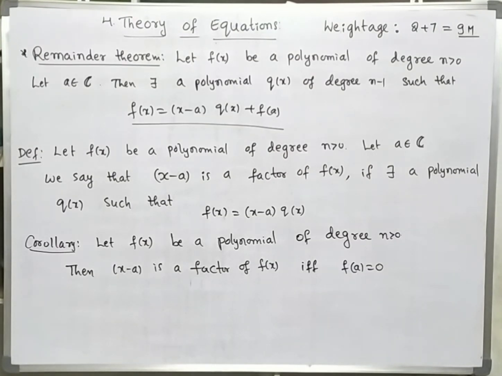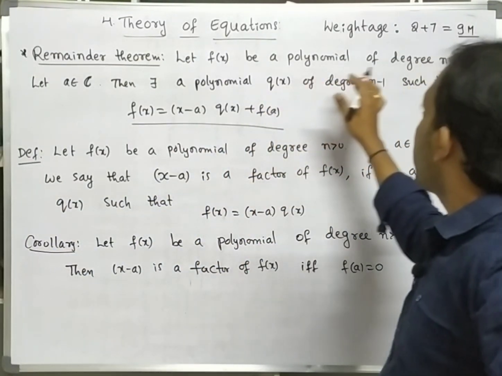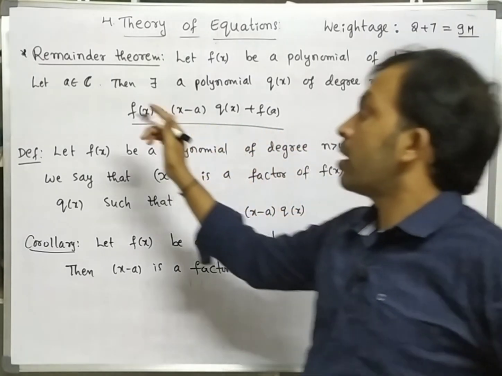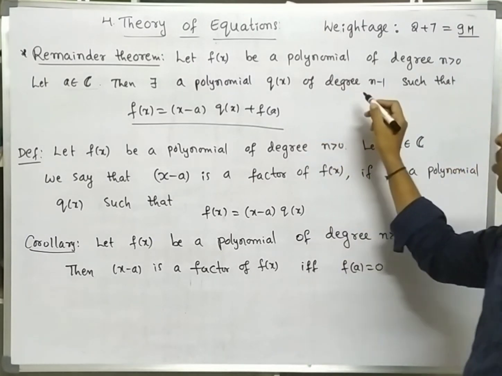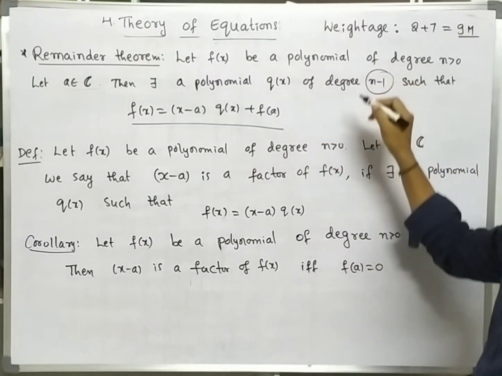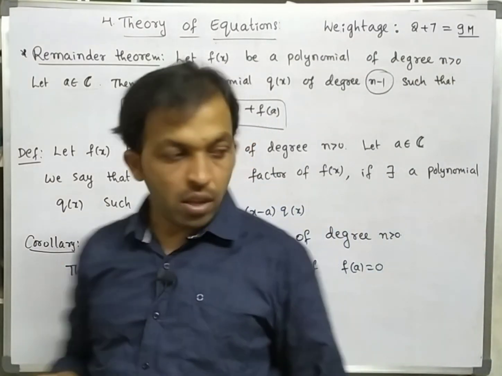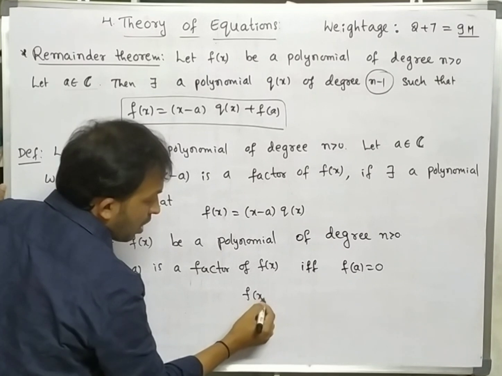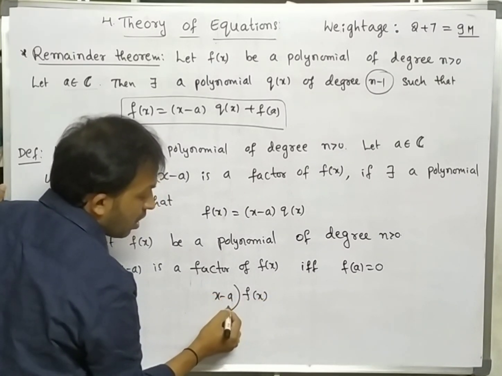Next, remainder theorem. Let f of x be a polynomial of degree n greater than 0. Let a be a complex number. Then there exists a polynomial q of x of degree n minus 1 such that this relation holds. So f of x is a polynomial divided by x minus a.